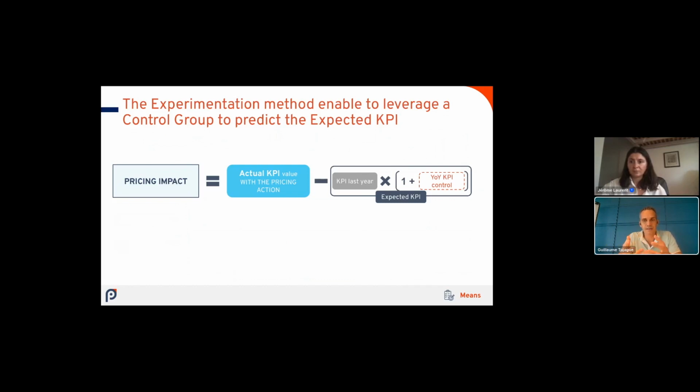Hence, it's important to define this control group with relevance and with good representativity of the KPI of the optimized group. Then we can establish the comparison between the actual KPI and the expected KPI.